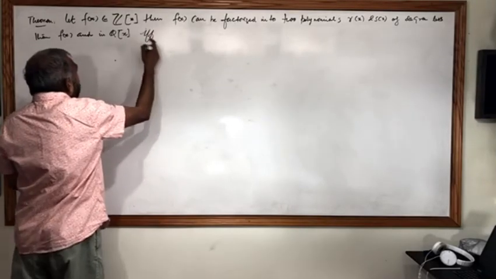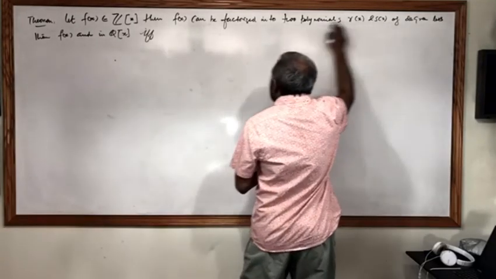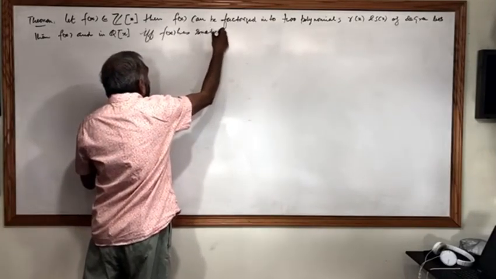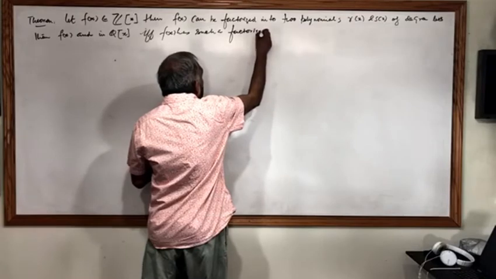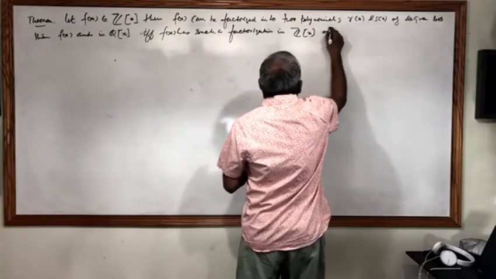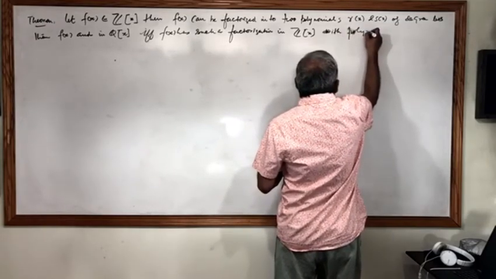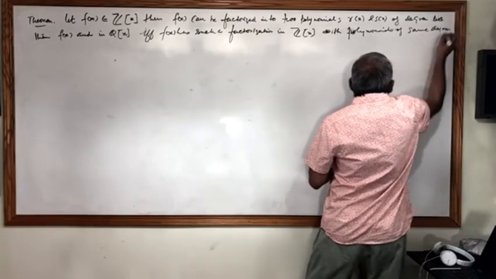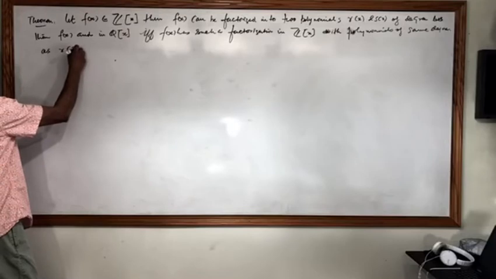If and only if we can factorize f of x into R of x and S of x in Q of x, if and only if f of x has such a factorization in Z of x with polynomials of the same degree as R of x and S of x.